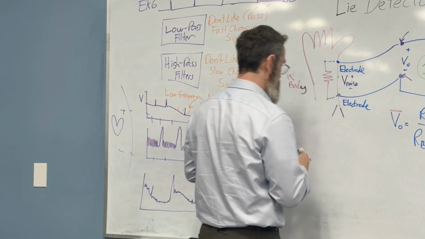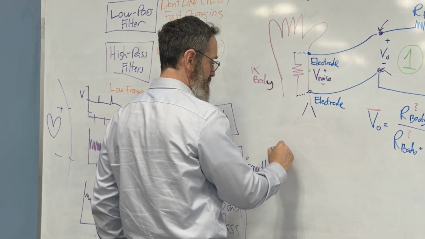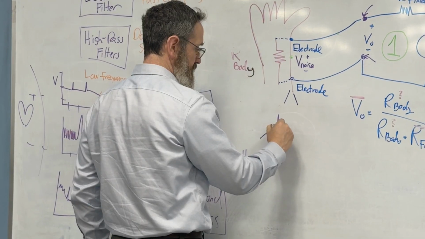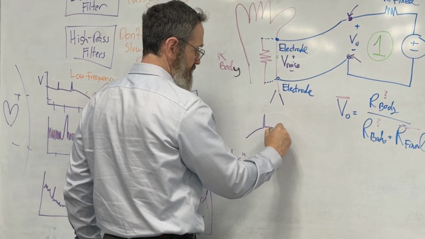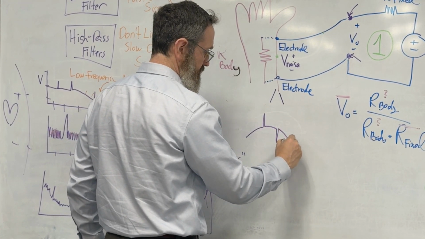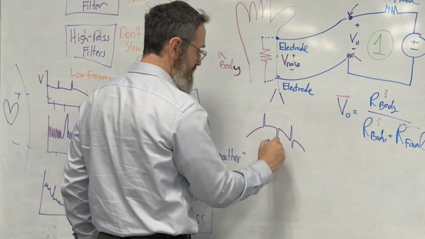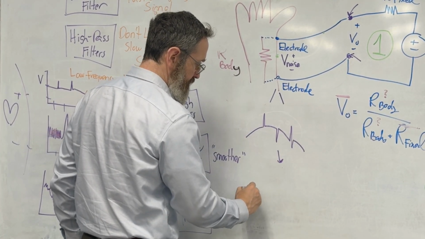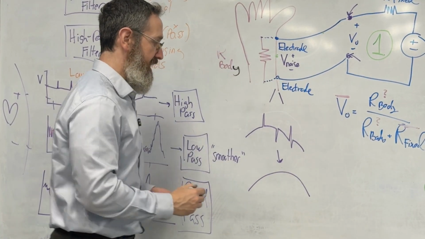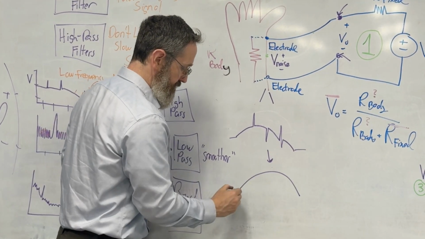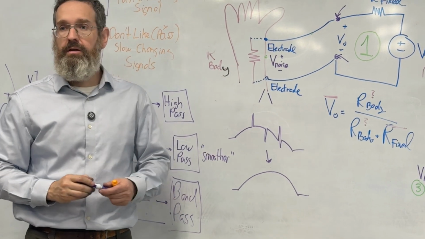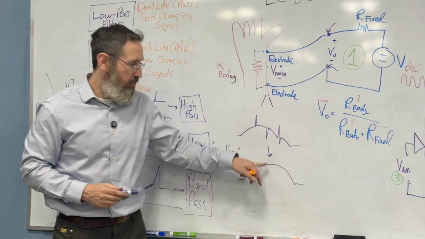If you send something like this to a low pass, let's say it's slowly going up, but then there's a weird spike, another weird spike, another weird spike, the outcome is just that, because the fast things don't get through.